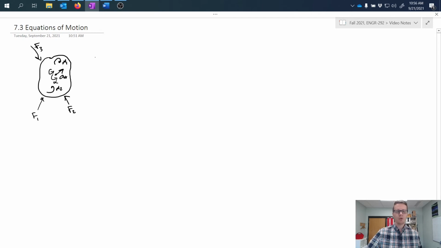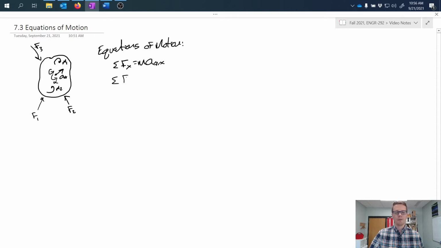So if we want to apply the equations of motion, we should be relatively familiar with what those look like at this point. So we can sum the forces in the x direction and say that the summation of those forces causes some acceleration of that center of gravity G in the x direction.